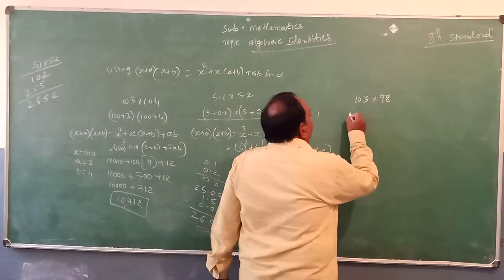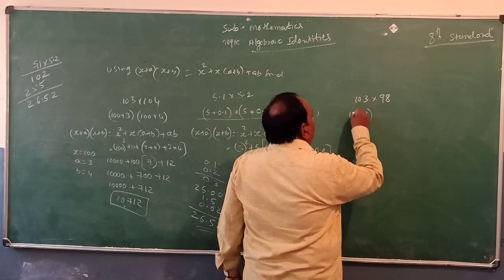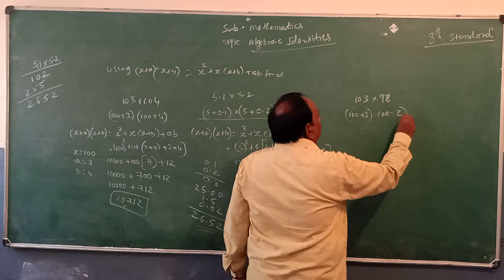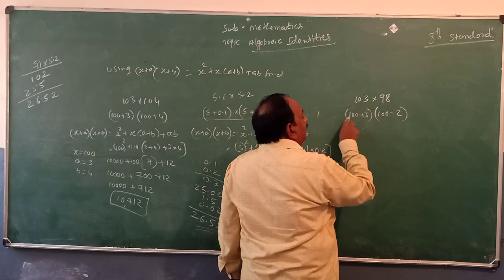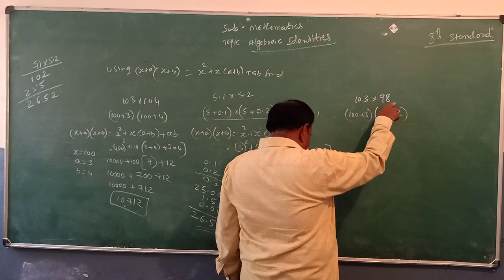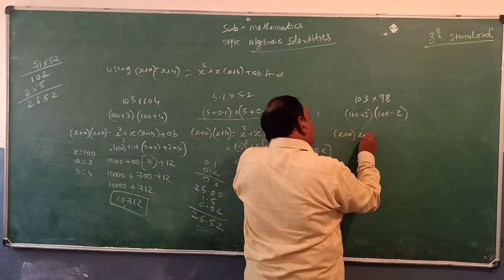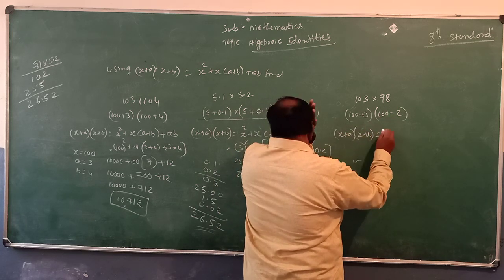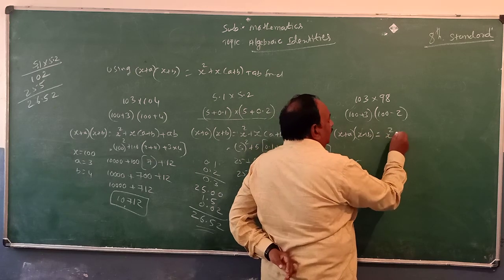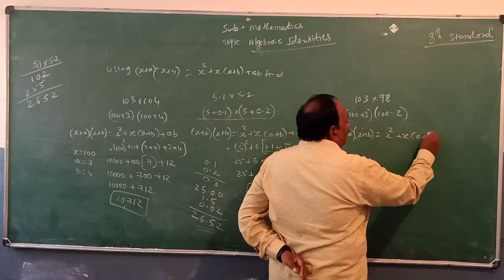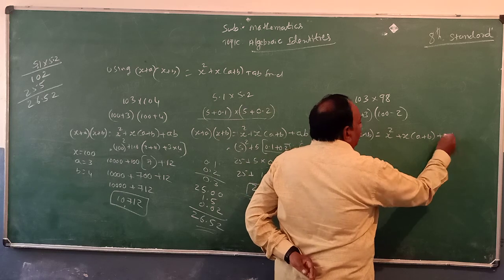103 into 98. That is (100 + 3)(100 - 2). 103 can be written as 100 plus 3, and 98 can be written as 100 minus 2. Once again, this is of the form (x + a)(x + b) = x² + x(a + b) + ab.